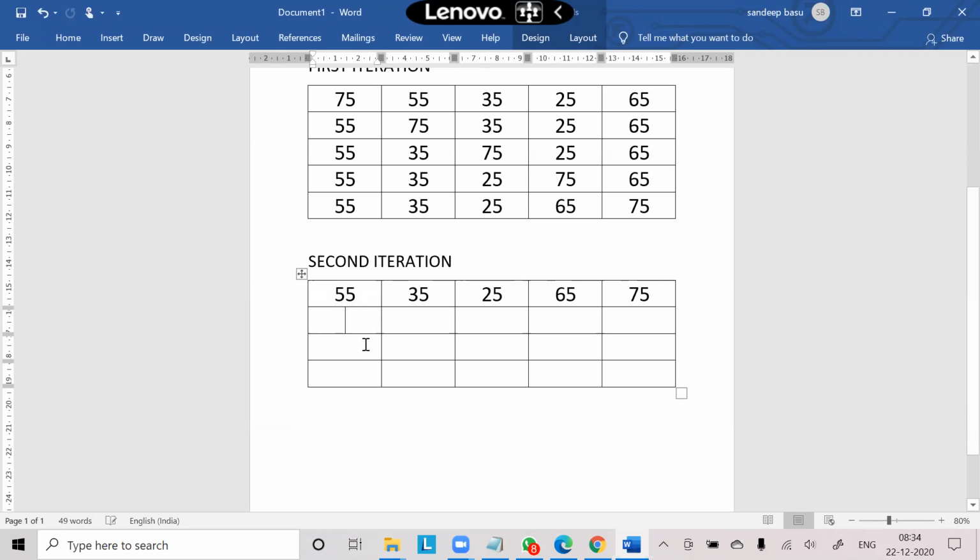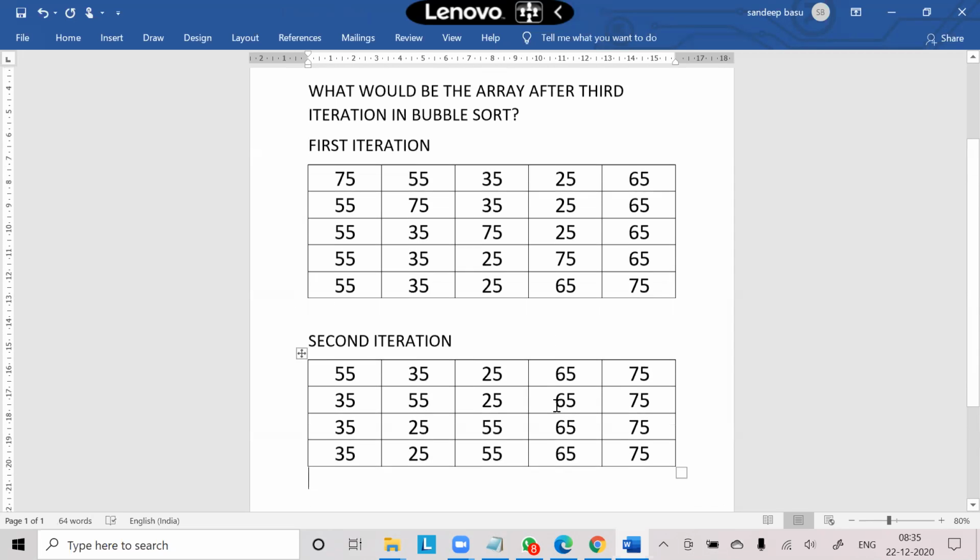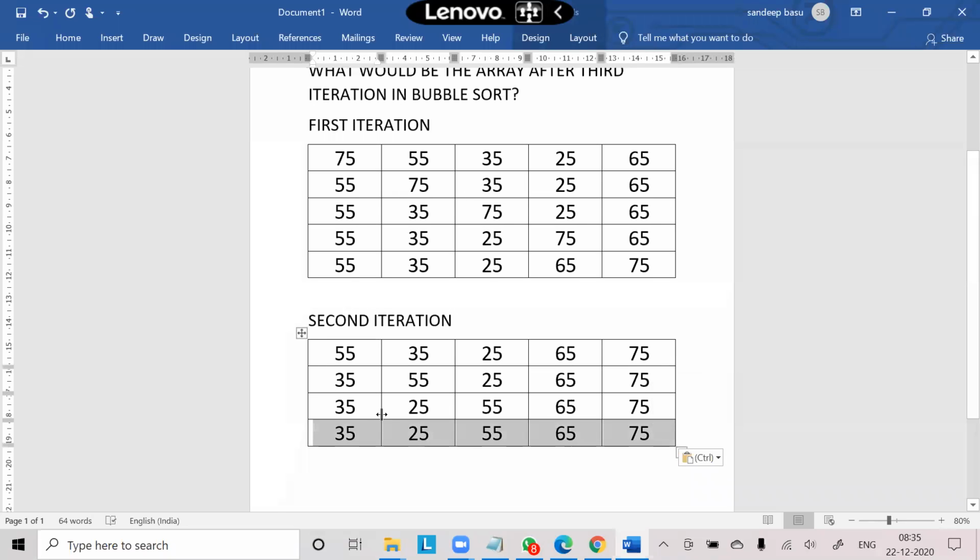Now control C, control V, in place of 35, 55 it will be 25, 55, and at last it would be control C, control V. It would be same. If the question asked for bubble sort after second iteration, my answer would be this. Can you see these two steps are same, previous step and this step, but it is going to work for 4 times. So this is my position after second iteration.